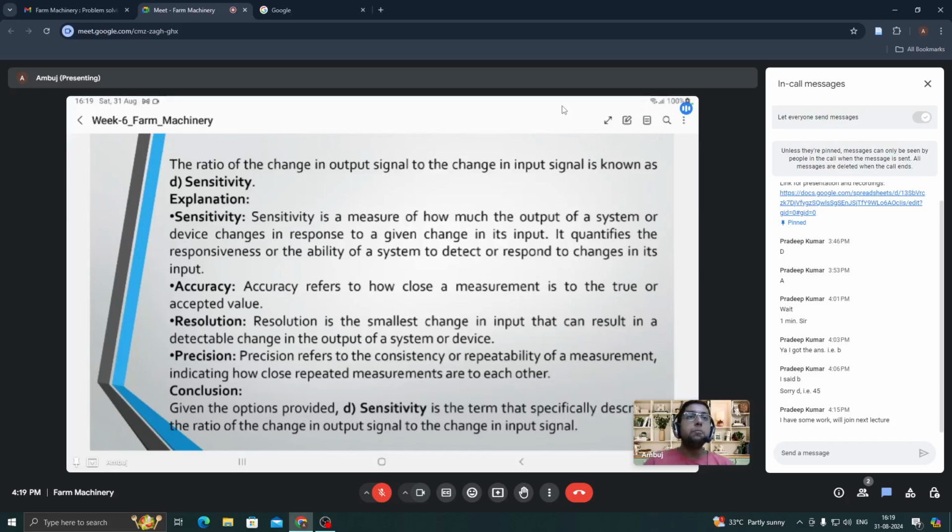Precision refers to the consistency or repeatability of the measurement. If I perform an experiment 10 times, how close are my values coming? Error is dealt with in accuracy, but repeatability is dealt with in precision. So sensitivity would be the correct option: change in the output signal to the change in input signal.